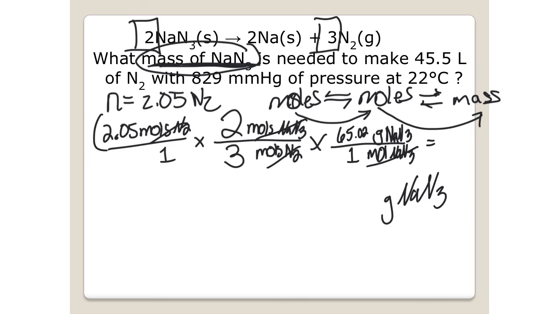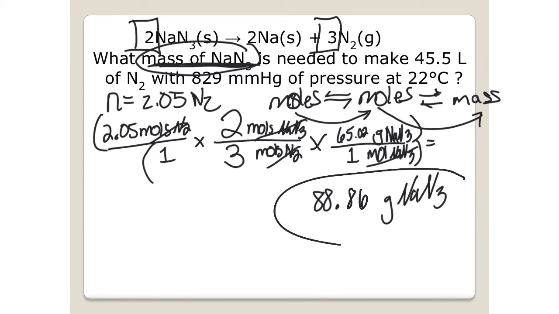And so now it's a matter of multiplying the top and dividing the bottom and then rounding to the 100th spot. So if we plug and chug that all out, we're going to get 88.86 grams of Na2N3. And notice it's just a little bit different than what we got using the box method.